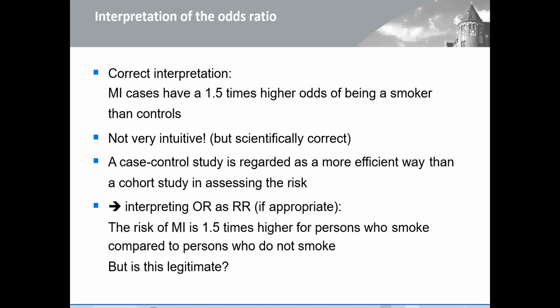I'll correct the wording before I share the slides with you. Then it's very intuitive but scientifically correct. In terms of really assessing risk, case control studies are more efficient than cohorts in assessing risk. But remember, we'll discuss some of these things in the next lecture.